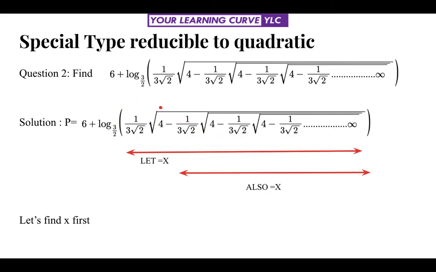You cover this up, see this thing, it is exactly x. Now if this entire expression is x, then from here till here is also x. So now you put x in its place.